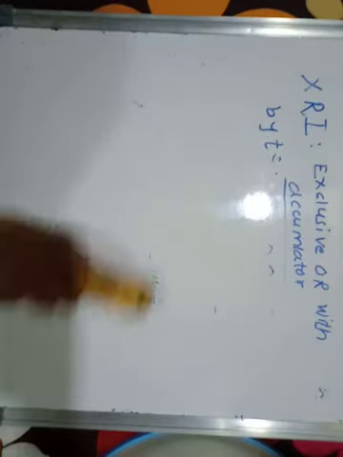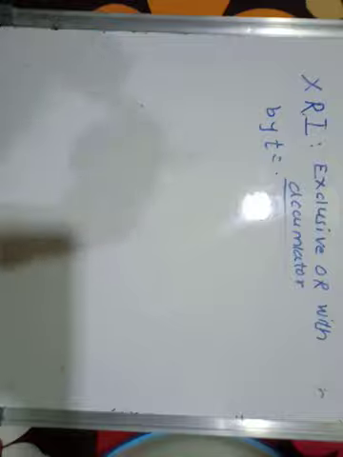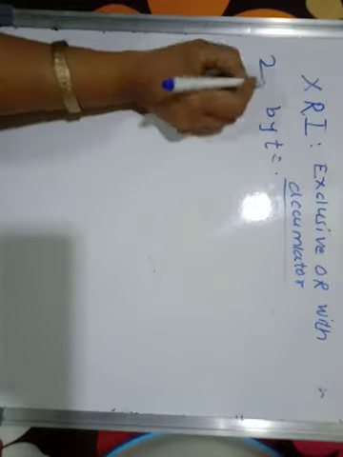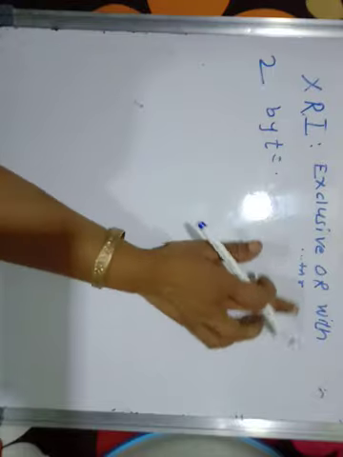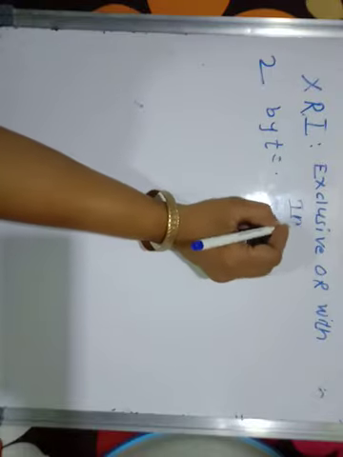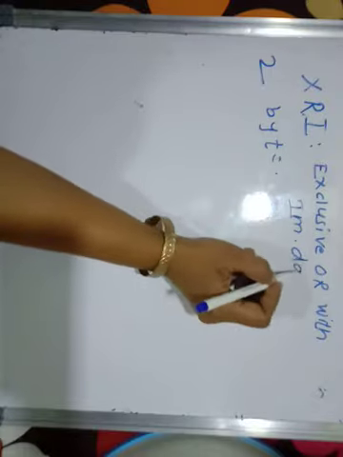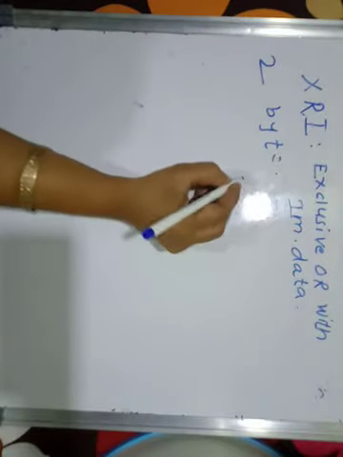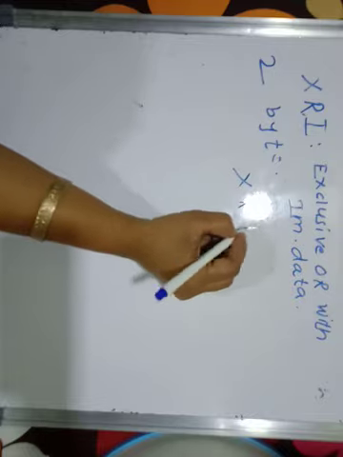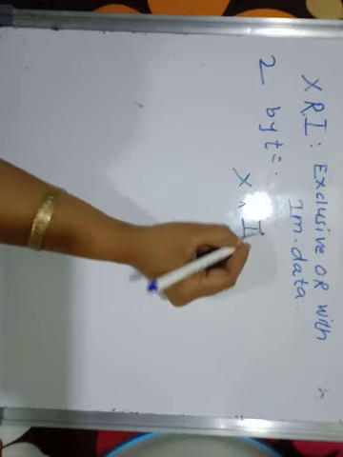Again same, how many bytes is this instruction? XRI, it is a 2 byte instruction, exclusive OR with the content of immediate data. Immediate data and the content, what happens to them? Exclusive OR happens. Okay. So again I am giving you one example.